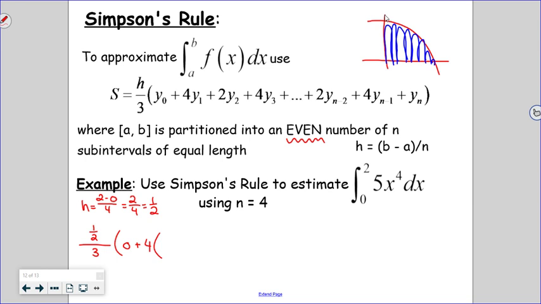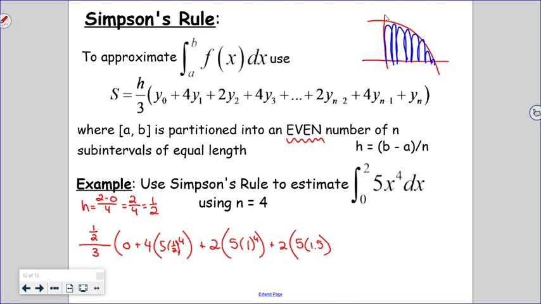And our next number would come from plugging in, move over 1/2. And in this particular problem, we're going to move over 1/2 for each of our values, right? So 5 times 1/2 to the 4th, whatever that is, plus, and this time we'll say 2 times 5, move over another 1/2, so we'd be at 1 to the 4th. 2 times 5 times, move over another 1/2.